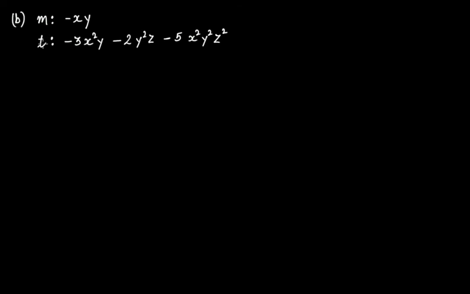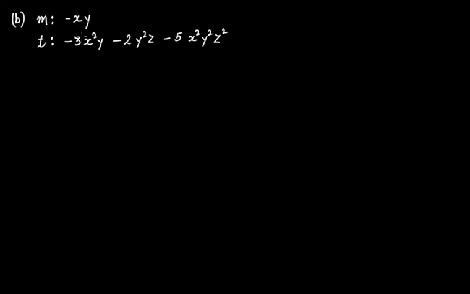So you have a trinomial: minus 3x squared y minus 2y squared z minus 5x squared y squared z squared. Now if you notice, each term in this trinomial is negative and the monomial is also negative. Whenever you are dealing with negative terms, you always have to pay attention.